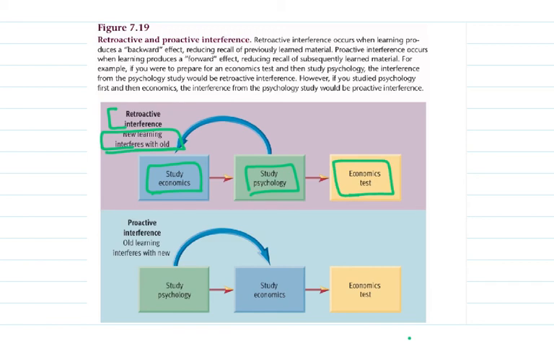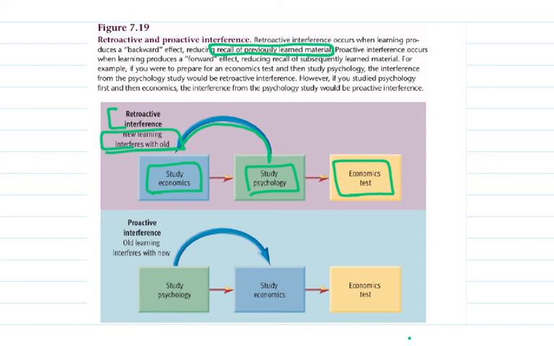But what happens is that the psychology you studied, the newer learning, is interfering with the older learning. Because you studied psychology, your recall of previously learned material is affected.